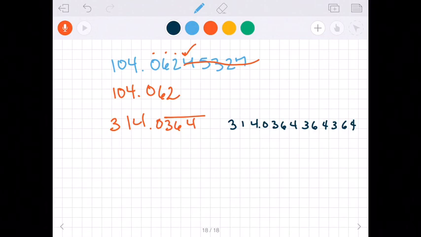It says round to 5 decimal places. So let's just count. 1, 2, 3, 4, 5. Okay, so then we look to the 6th one. We check that one, and that tells us round up. So our answer for A would be 314.03644.